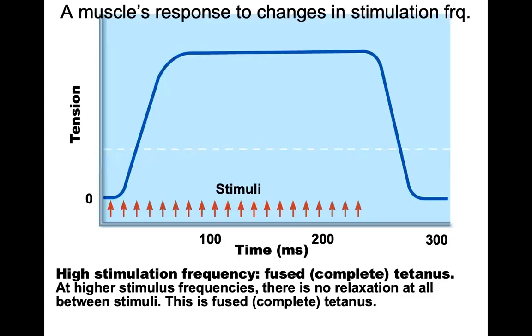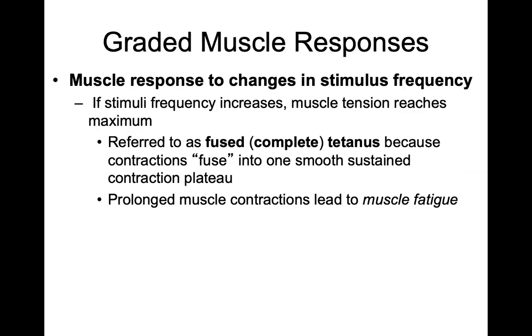But what is the opposite scenario? What if you have very rapid muscle contraction? In that scenario, you will not get a chance to relax the muscle at all. So all of the contractile force literally adds up one on top of another.